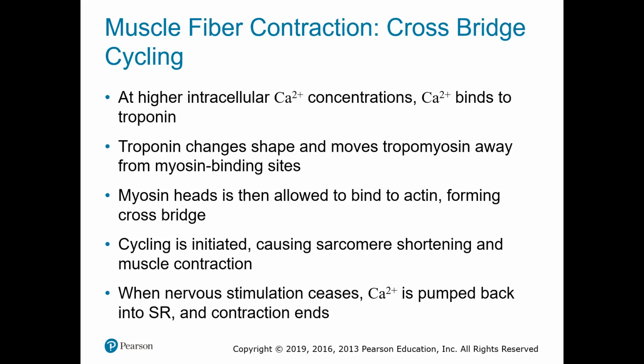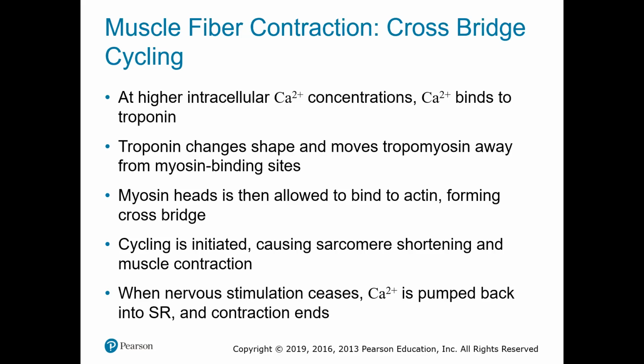Troponin is attached to the tropomyosin, and when you flood the sarcomere with calcium, the calcium will bind to the troponin, and the troponin will move. It will roll over, as if it gets heavy or something.